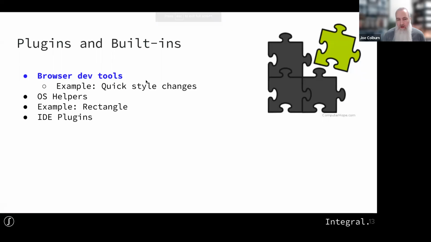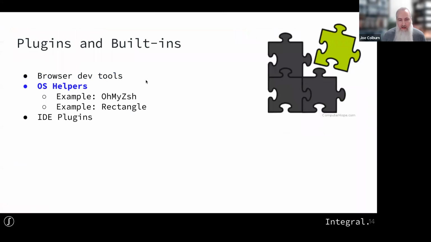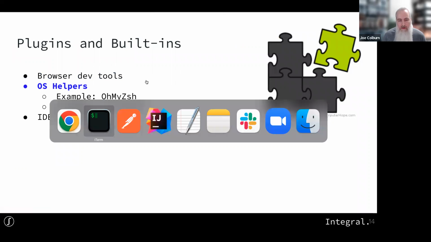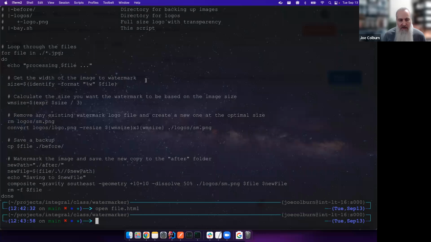So let's move on to some OS helpers. We talked very briefly about Oh My Zsh. I'm just going to touch on it again really quickly. This is more of a shell helper. Oh My Zsh is a tool that lets you have plugins that, for example, you can display the time, display the Git branch I'm on, the state of my Git work, that I have changes that need to be applied, my username, all those things.